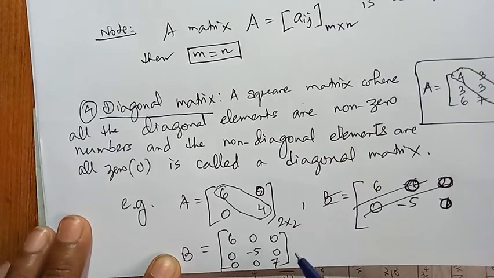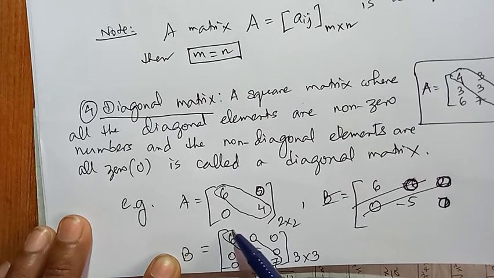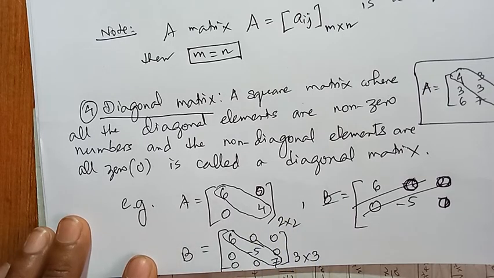This is a matrix of order 3 by 3. So here you see these diagonal elements. These diagonal elements are all non-zero numbers, but the other elements, which are known as the non-diagonal elements, are all 0. So these two matrices are examples of a diagonal matrix. Okay, you can pause the video to note it down.